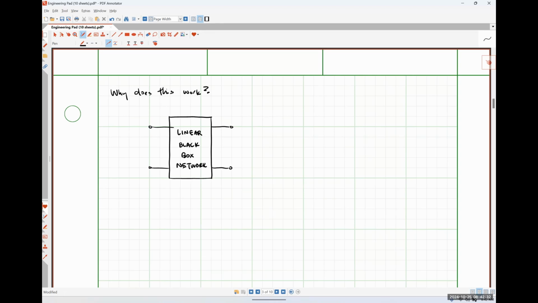If I apply some sort of sinusoidal excitation signal, it does not matter whether it is a voltage or a current, I'm going to call this x1 of t. And I measure some output, y1 of t. Again, it could be a voltage or a current.